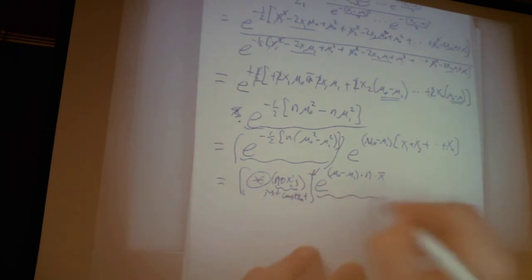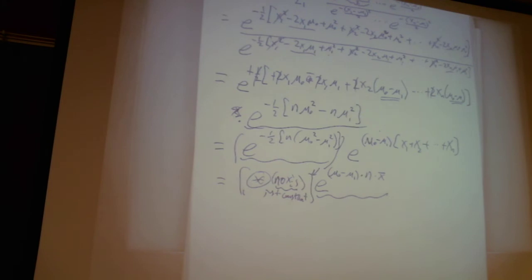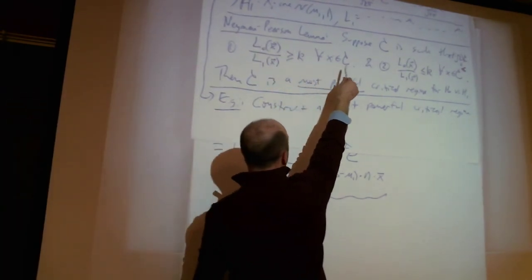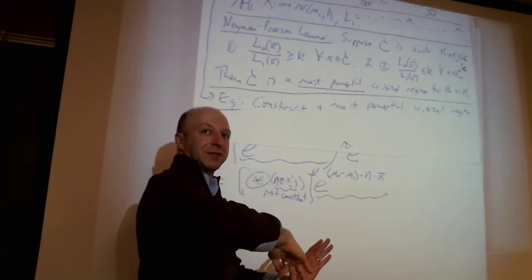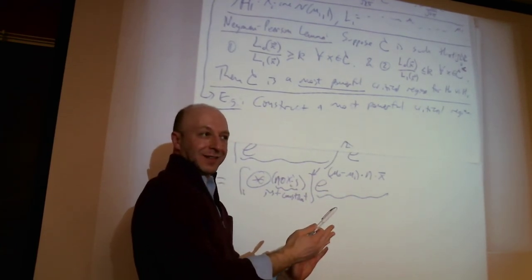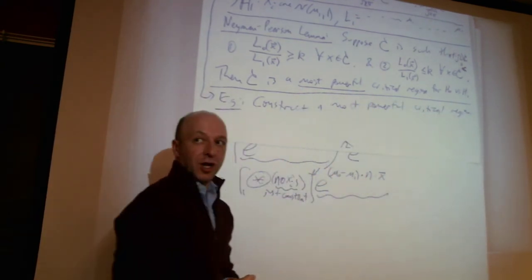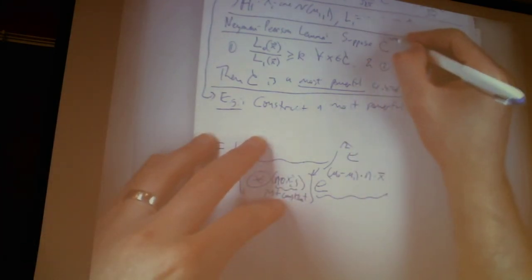And then the only way that this depends, let's look back at this lemma. The lemma says, you look at the ratio of the likelihoods, if your critical region is exactly the place where the ratio goes from being positive to negative, that will be the most powerful critical region. So among all critical regions which have the same size, maybe I didn't say that, suppose C has size alpha.